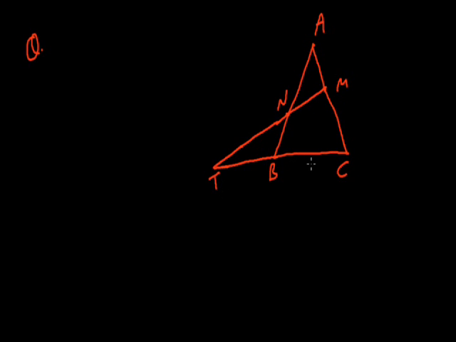Now there is a point X on the side BC such that the line XN is parallel to AC. It is given that the line XN is parallel to AC and the line XM is parallel to AB.